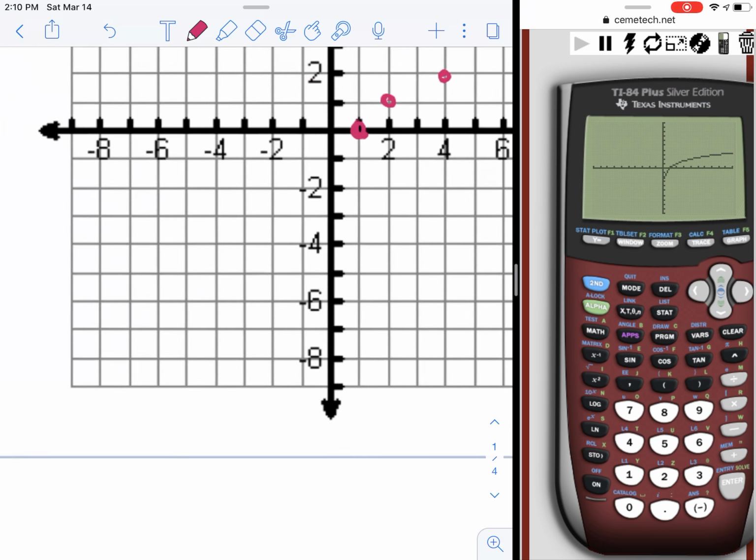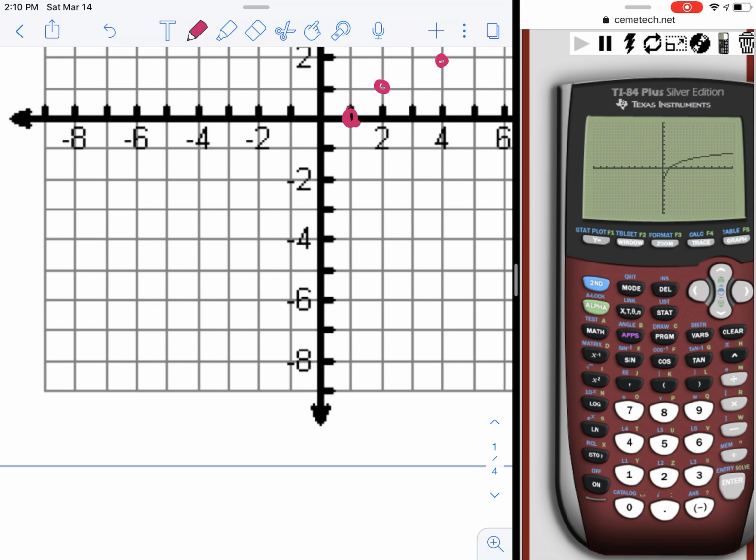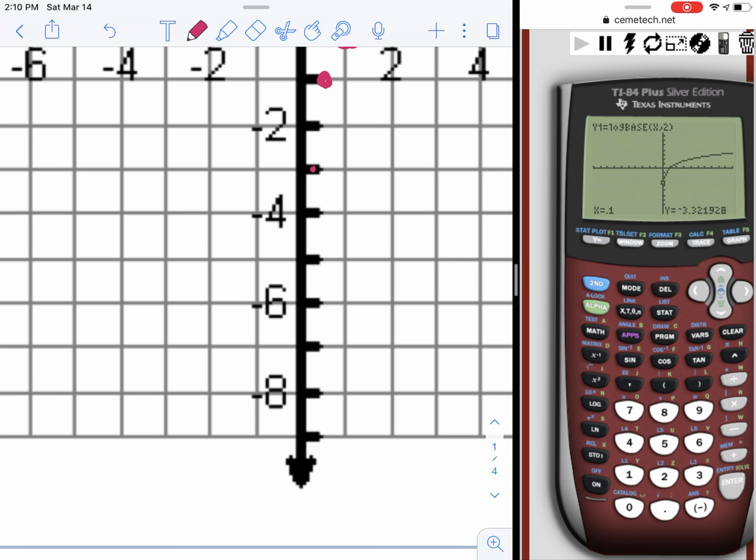Now, if you look at what's happening towards the y-axis, you may say, oh, look, it stops. But if you hit trace and hit 0.5, you'll notice that at 0.5, it's actually at -1. If I hit 0.4, notice that it goes even lower at -1.3. And if I hit 0.1, so think about how close I am to the y-axis, I'm getting that it's at -3.